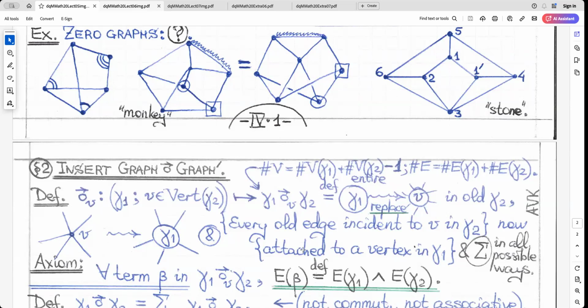Notice that when we insert a graph into a vertex, we lose one vertex, but we don't lose any edges. As many edges as we had, so many edges we have. With gamma 1, morally, nothing happens at all. Simply new edges are attached to gamma 1 externally, but they are old edges in gamma 2.